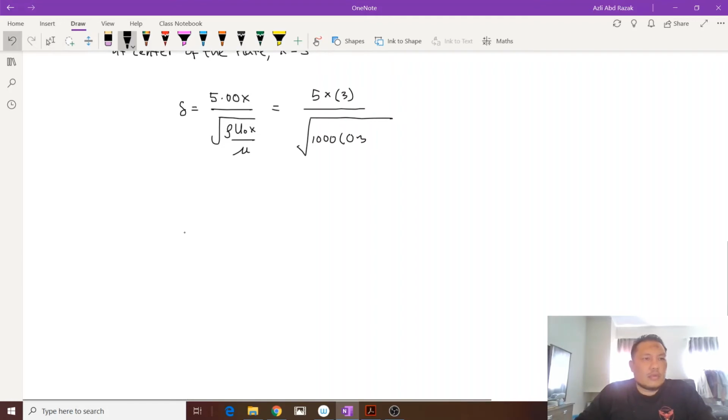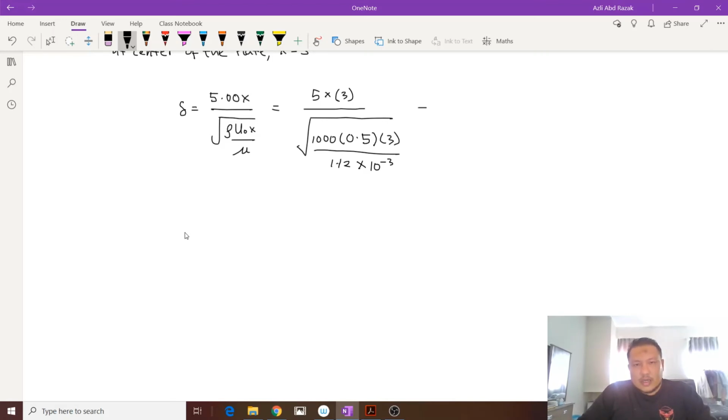So now you put this 0.5, the x is 3, and then divide by 1.12 multiplied by 10 to the power of minus 3. If we solve this, we get the answer for the delta here as 0.013 meter.